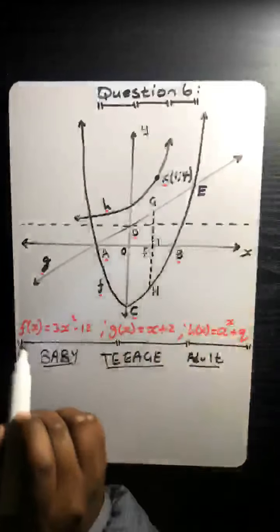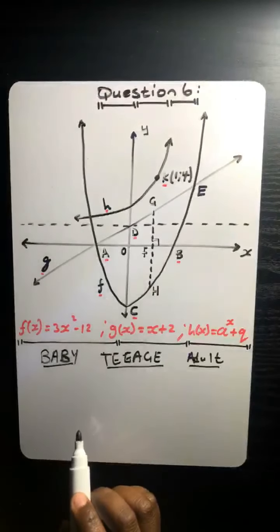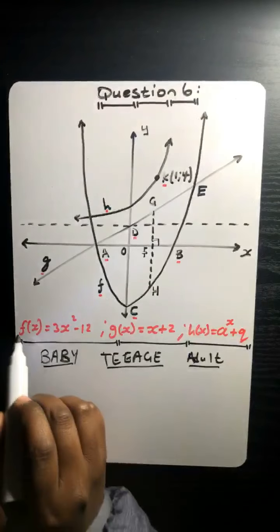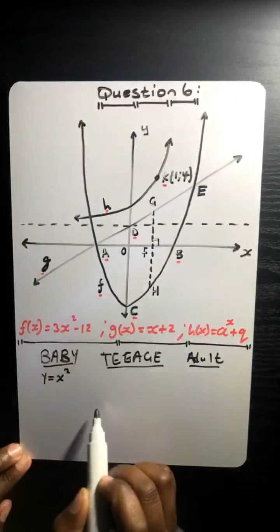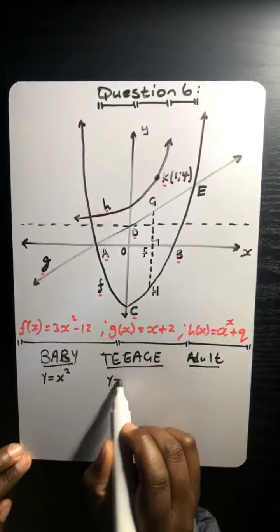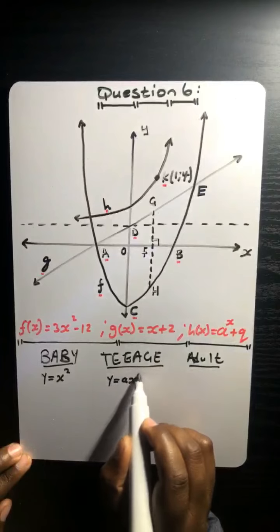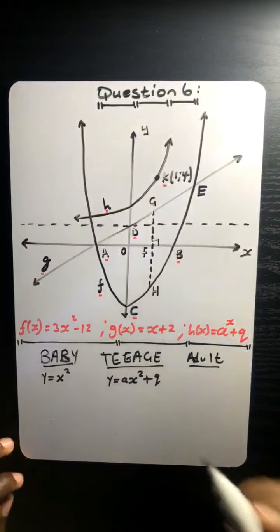So I'm going to interpret the first one, which is f of x. We said it started as y equals x squared. Then it grew at a teenage stage to y equals ax squared plus q, or c, or whatever letter.